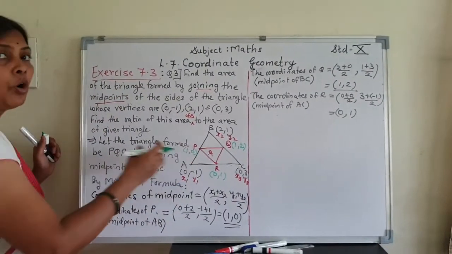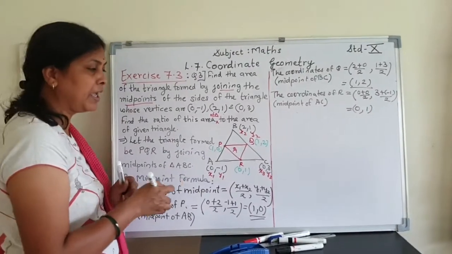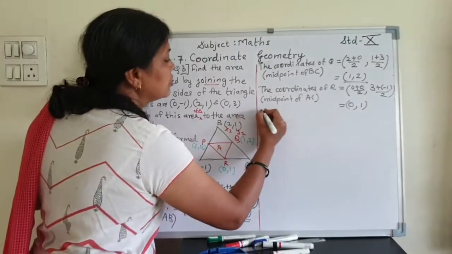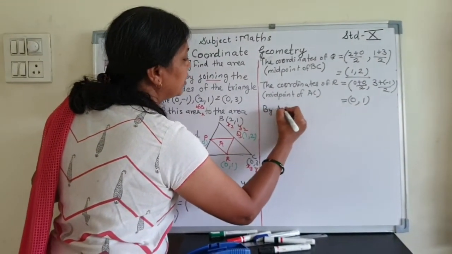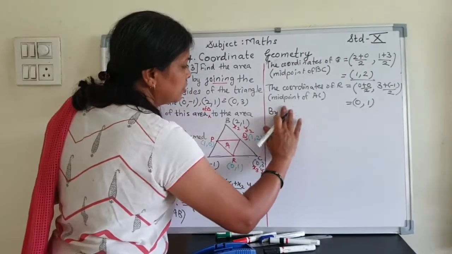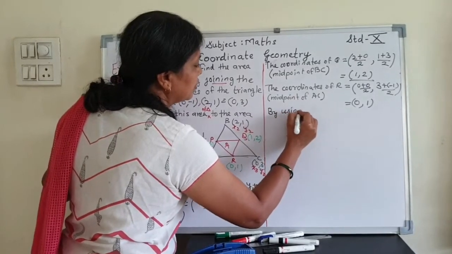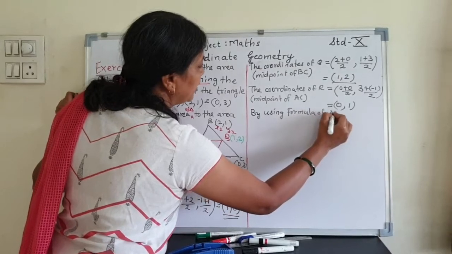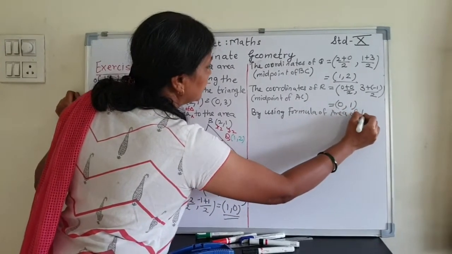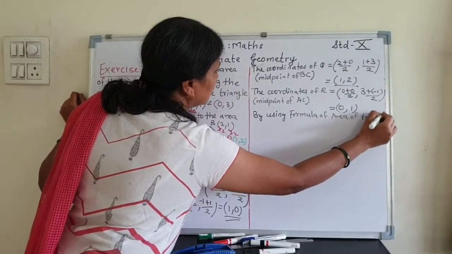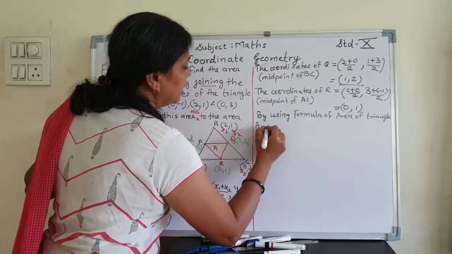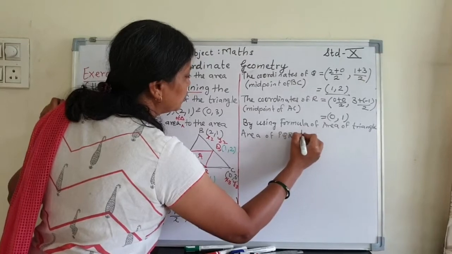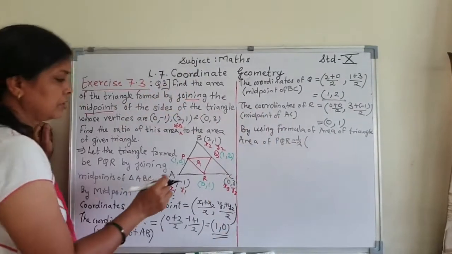Now once we know the coordinates of PQR, we can find the area by using the formula of area of triangle. So by using the formula of area of triangle, area of PQR is equal to half into, put the values, PQR.